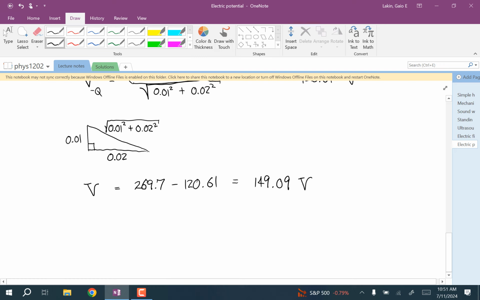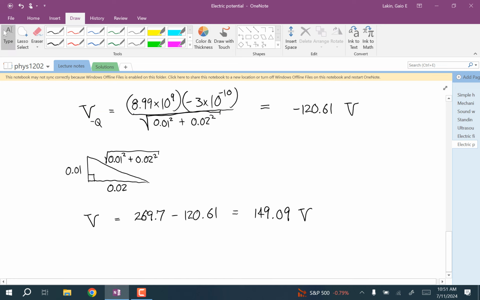Okay. By the way, this has units of volts, but this is not a voltage because it's not a difference between electric potentials. This is just an electric potential at one single spot. If we calculated the electric potential at two different spots and then subtracted them, that would be a voltage between those two locations.